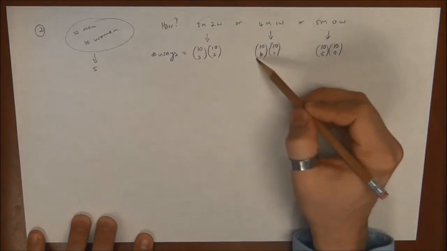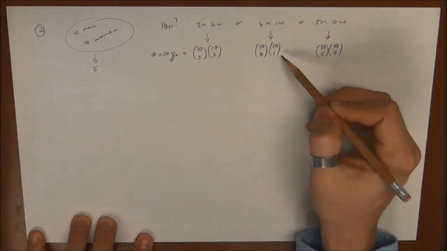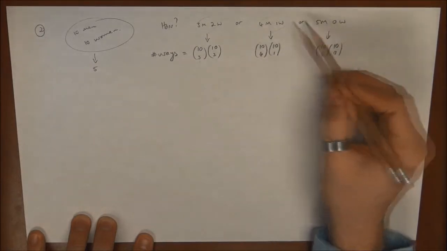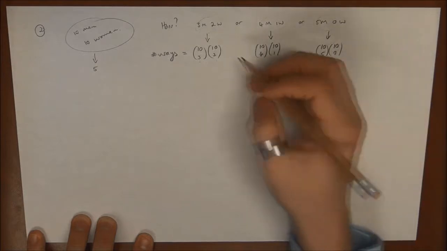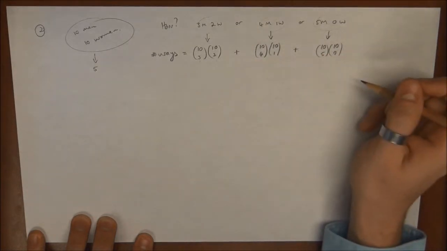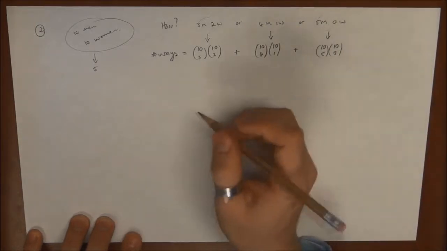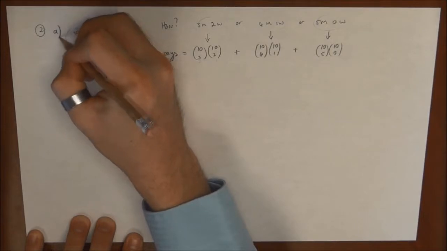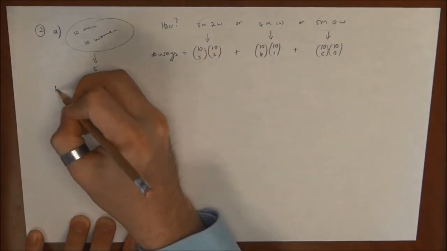This is another way, and I start the experiment following 2 steps, finished. 3 different ways to satisfy the restriction, so I have to add them together, and then I'm done. Now this was part A. Let's look at B.